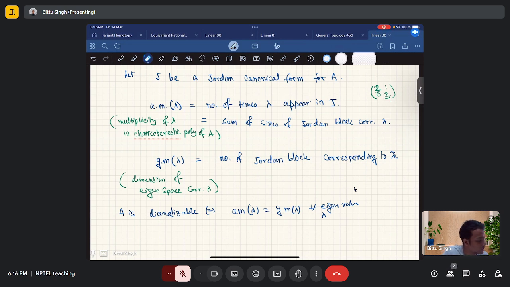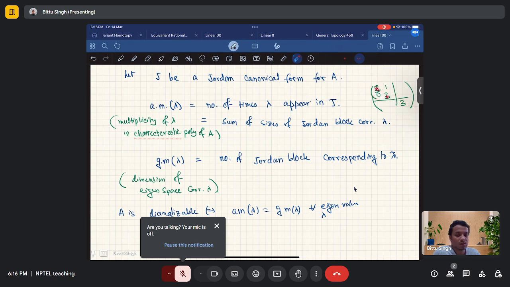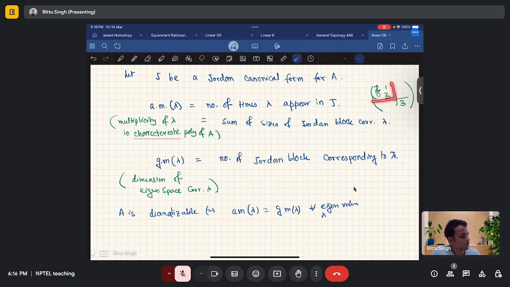Let me include another thing, then it will be more clear. Suppose there is another Jordan block which contains another 3. Now the algebraic multiplicity will be 3, because there are 3 diagonal entries which contain 3. But the geometric multiplicity will be 2, because there are only 2 Jordan blocks.